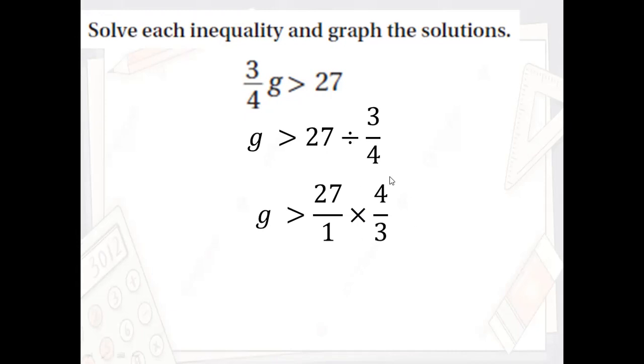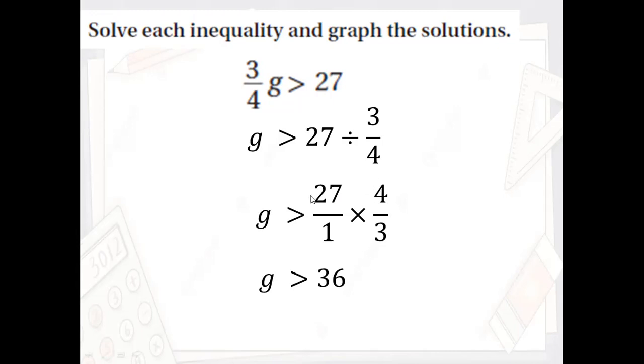Keep, change, flip. So 3 over 4 becomes 4 over 3. Now you can multiply 4 by 27, which gives you 108, then divide by 3, which gives you 36.